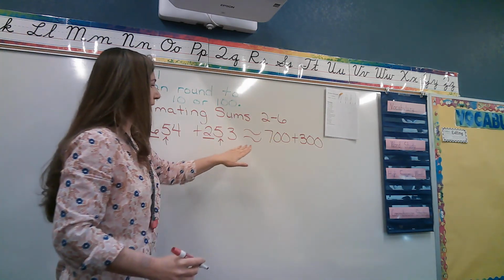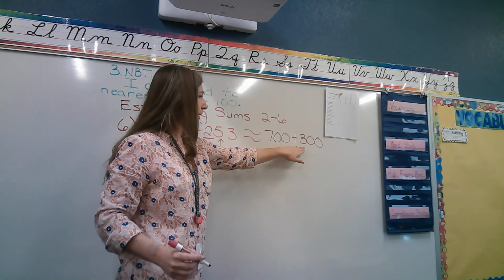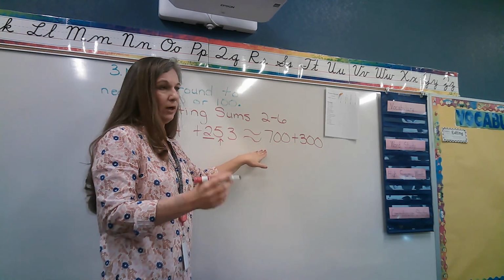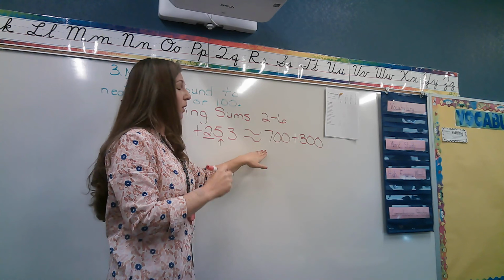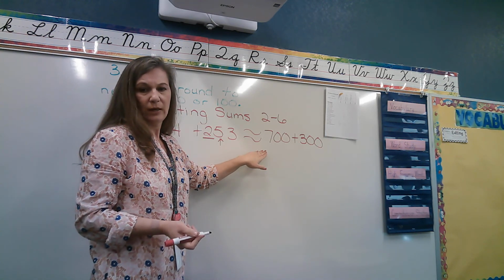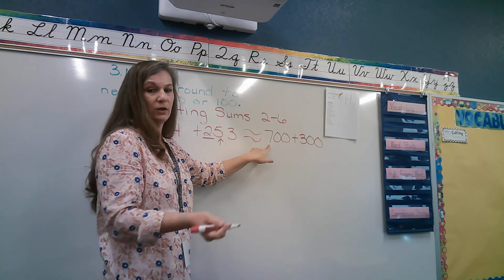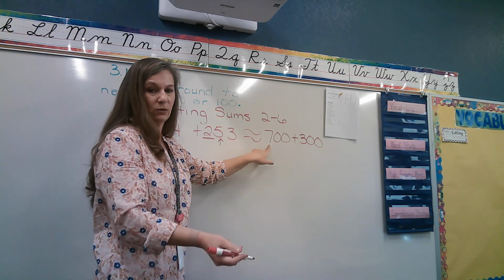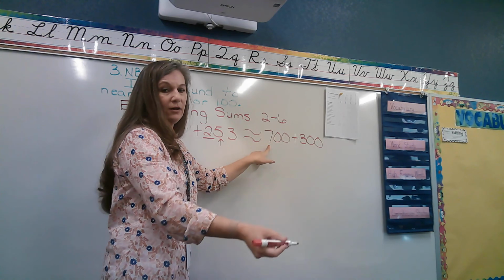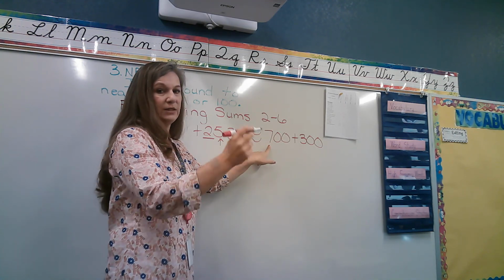Now, if we add our 700 and our 300, we can add 3 more hundreds onto 700. So what happens when we add 3 more hundreds onto 700? Well, 100 would be 800, 200 would be 900, and another 100 would mean we have 10 hundreds.